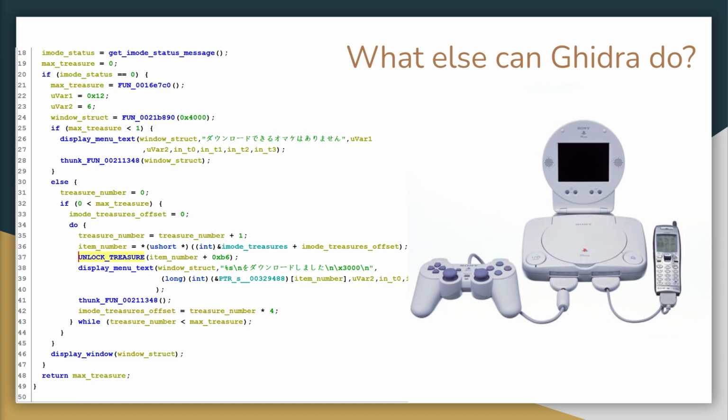Ghidra is cool because it lets you dig up all sorts of weird stuff. For example, there's a game that may or may not be coming in the future that uses something called the I mode. Now, the I mode was a way of connecting your cell phone to your PlayStation. Yeah, they had that in Japan.